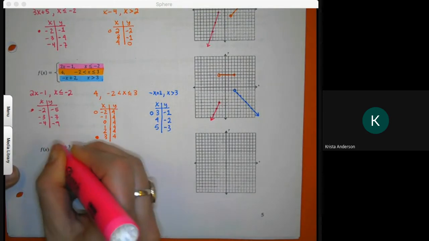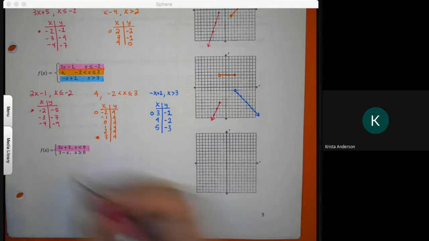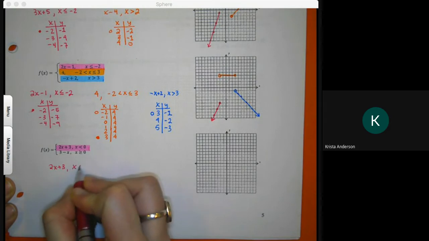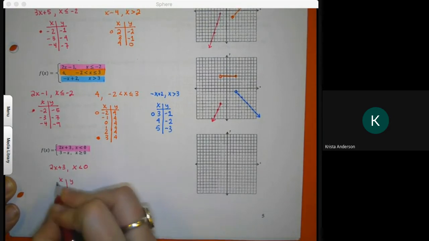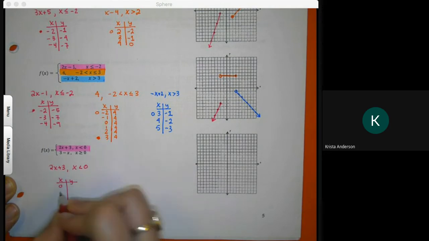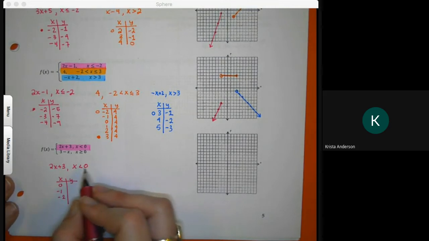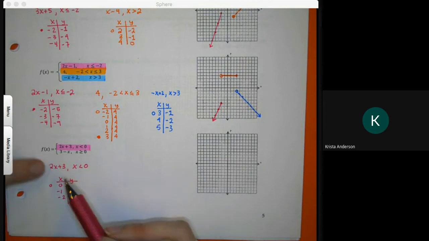Next graph, I have 2x plus 3, when x is less than 0. Numbers that are less than 0 would be -1 and -2. 0, because it's not equal to 0, I will place an open dot. Plug in.